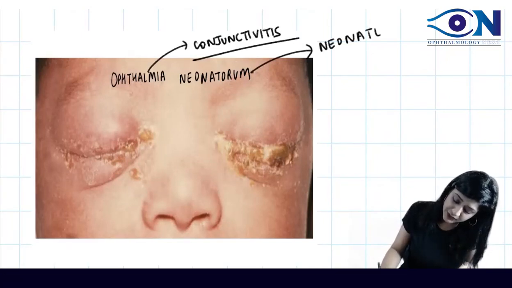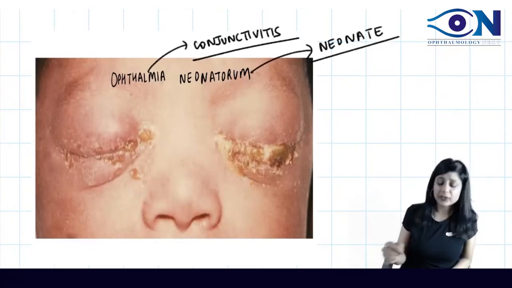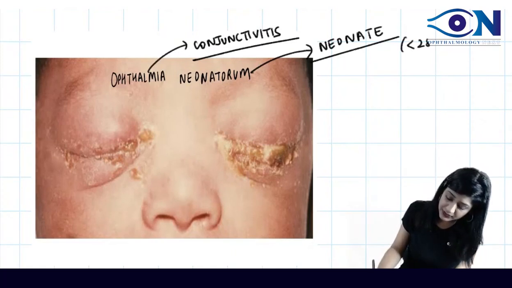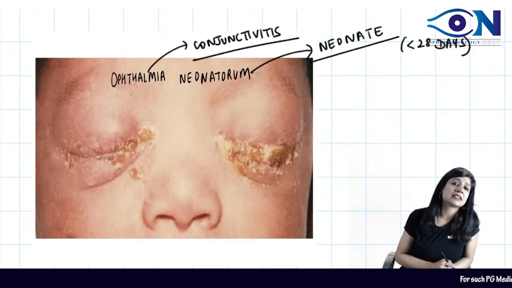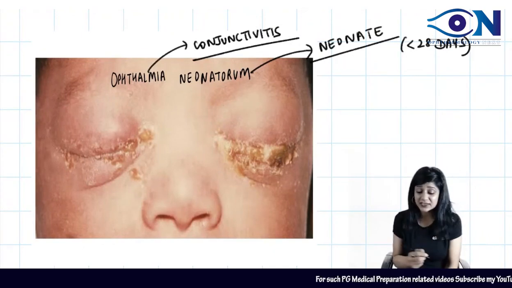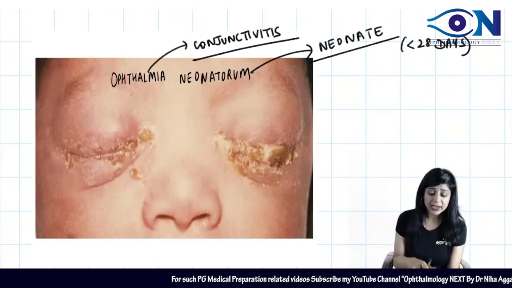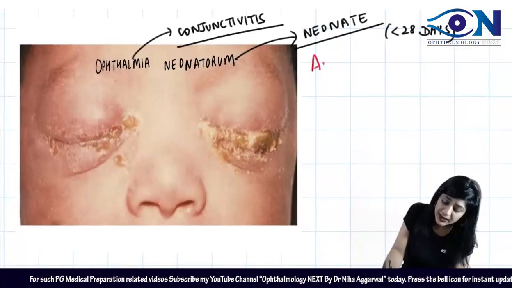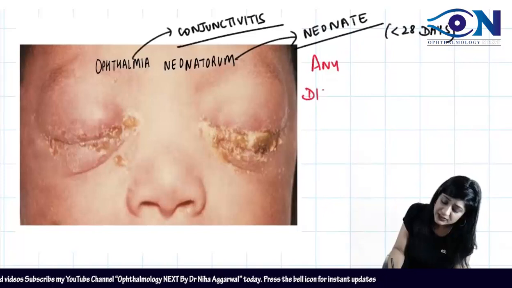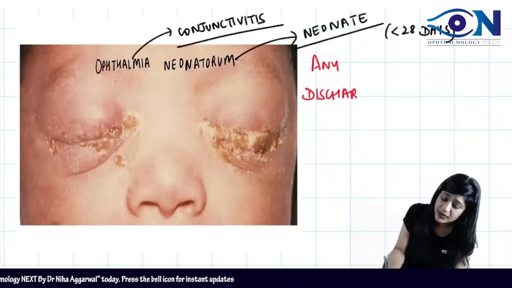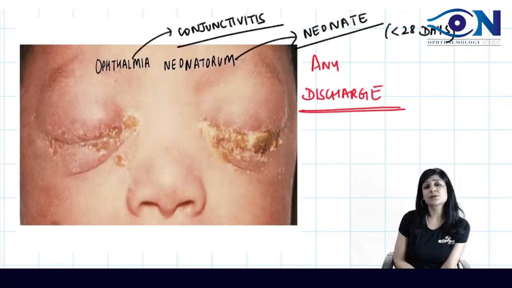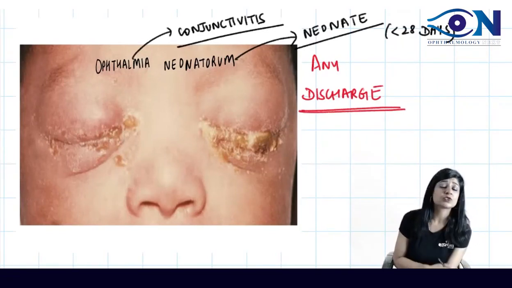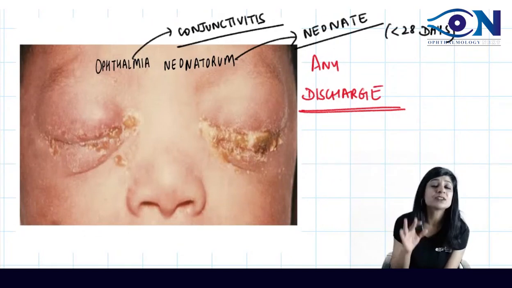If you are having the conjunctivitis in a neonate, less than 28 days, then this is called ophthalmia neonatorum. And how will you suspect? Due to any discharge. Any discharge from the eyes of the baby less than 28 days should arouse the suspicion of the ophthalmia neonatorum, because tears are not formed till then.